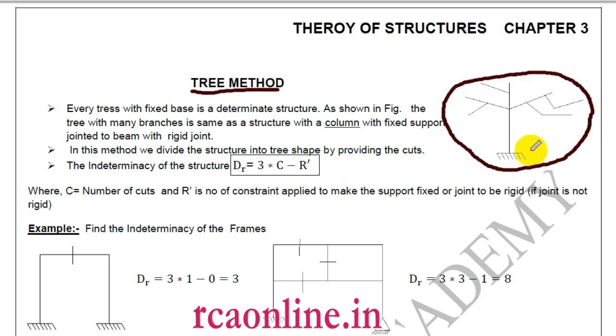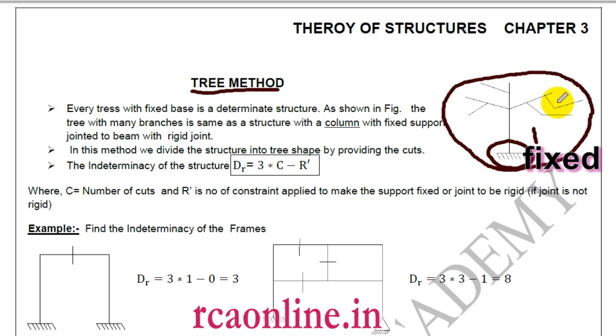But the important point is that the root, or the support of the tree, should be fixed. So we need a fixed support, and a cantilever, which is a tree with many branches, will be statically determinate, having indeterminacy 0.